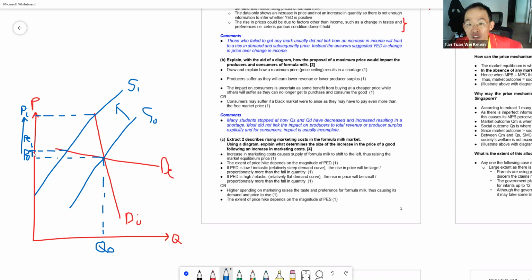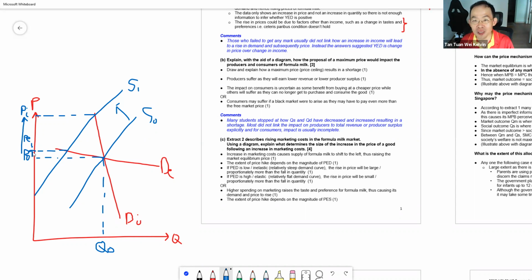But if the demand for formula milk is price elastic, the increase in price is only from P naught to PE. Okay, so clearly the more inelastic the demand curve is, the larger the size of the increase in the price following the rise in marketing costs.